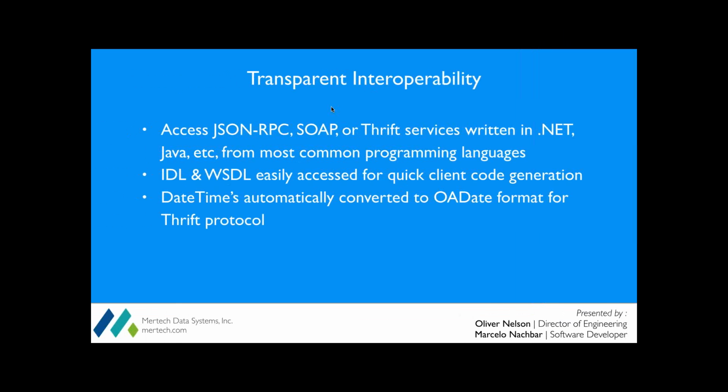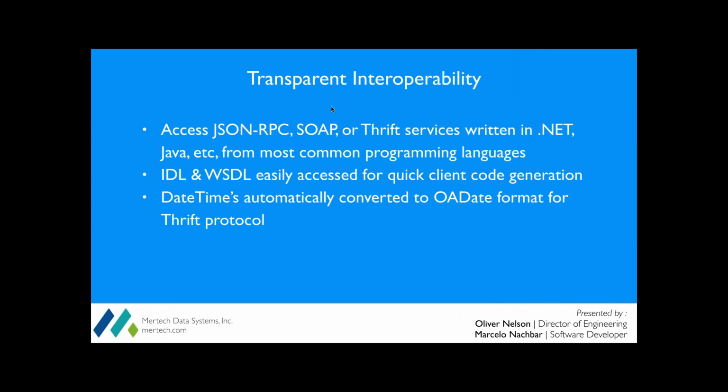So to handle date times in Thrift, we added support for what's called an OA date, which is an OLE automation date. Basically, an OLE automation date is stored in a float data type, and the whole number portion of that value records the number of days since, I believe, December 30th, 1899 at midnight, and then the decimal portion records the time of the day. It's a very standard format that's pretty easy to decode in lots of languages.